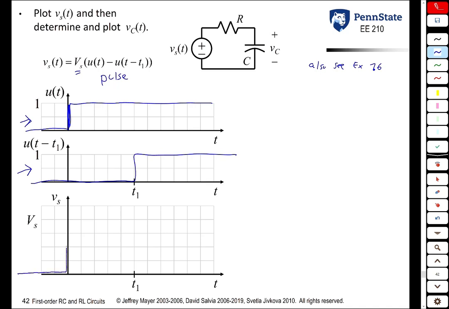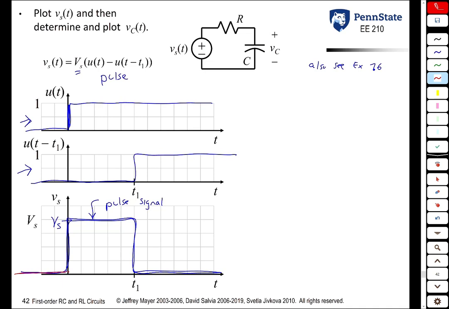So Vs of t looks like this there, where that value is Vs. And this is called a pulse signal. So let's try to think about what's happening to the voltage across the capacitor. Before 0, it's going to be 0.